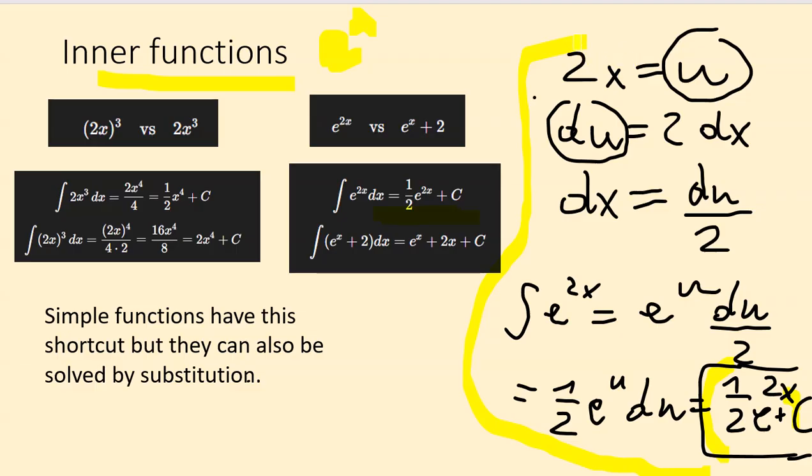So when we solve by substitution, we need to find the inner function which we replace by u or another letter. It could be u or t or whatever you like, but the most common is probably u. So this function 2x, which is the inner function, is substituted by u. Then you take the derivative of u.